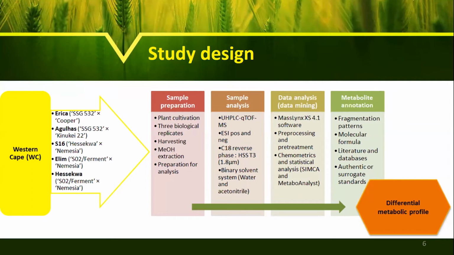The study was designed as such. 5 cultivars of barley, Hessekwa, Agulhas, S16, Elim, and Hessekwa, were cultivated in 3 biological replicates under a controlled environment. After 21 days, samples were harvested and extracted with 80% methanol.